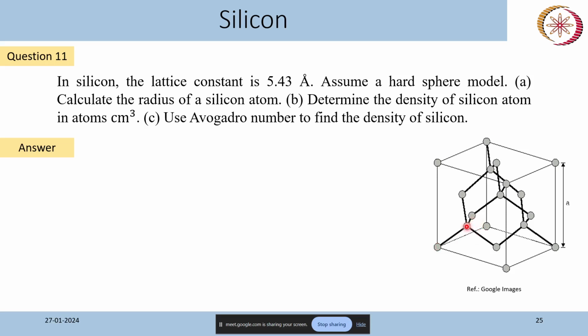So the distance between these two atoms is 1/4 of the body diagonal, and you already know what the body diagonal is for this kind of lattice, right? So you can use that concept to determine the radius of the silicon atom.